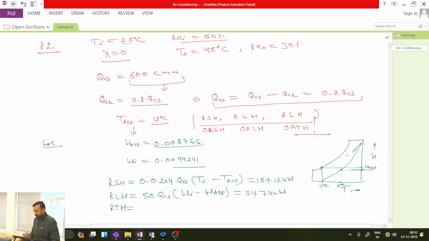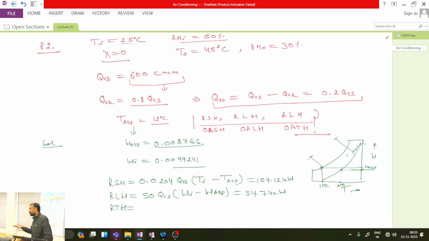You have located your state I and ADP here, and from here you can directly read the enthalpy value. The second approach: we have the formula for enthalpy of moist air, 1.005 T plus W times (2500 plus 1.88 T). From there I can calculate enthalpy. But that much is needed.